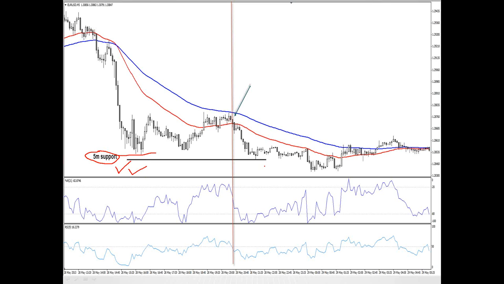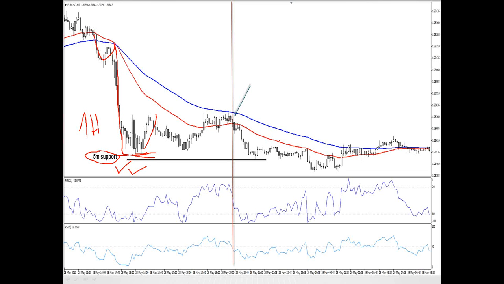You don't need an indicator to see this. You see the price, you see the double bottom and retrace. So this is support. Also, you can count the candles, 1, 2, 3, 4, 5, 6, 7, 8. More than 12 candles haven't breached this level, so this is also 1 hour support.